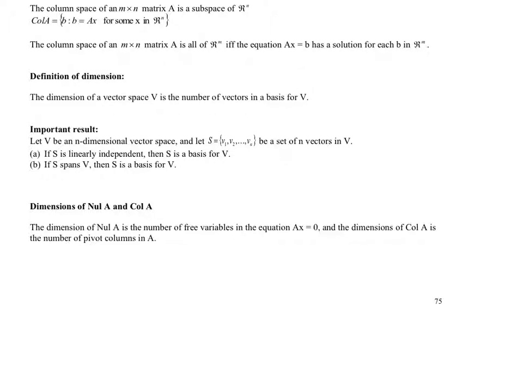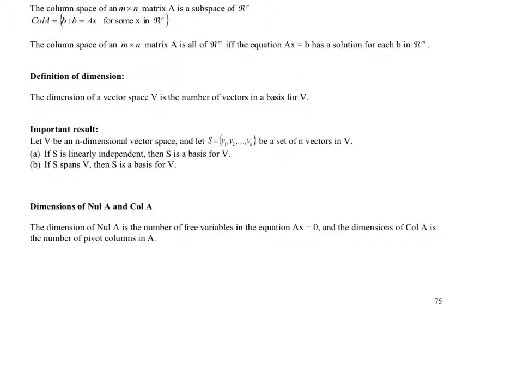So, dimensions of null space A and column space A. The dimension of null A is the number of free variables in the equation, and the dimension of column A is the number of pivot columns in A. I think that makes sense because when you're talking about a pivot column, you're talking about the variable that you're solving for when you rewrite your solution in parametric form.